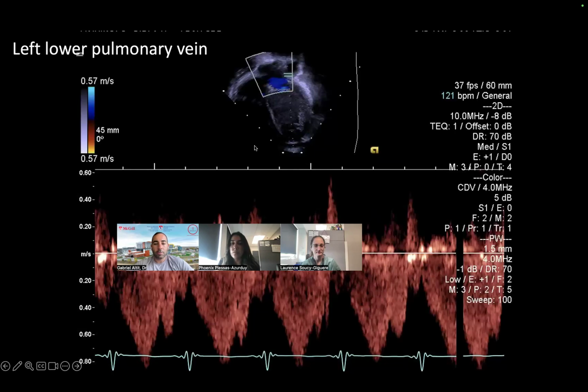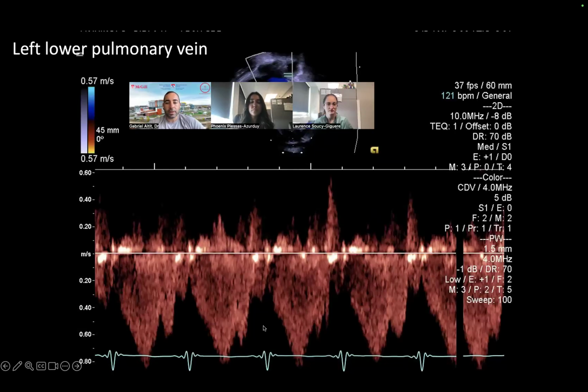These pulmonary veins have multiple phases through the cardiac cycle. You typically have an initial systolic phase and then a diastolic phase. Why systolic and diastolic? Because you have the QRS here. So this is during ventricular systole, and eventually you get a little wave during ventricular diastole. And then you get that little phase called the atrial contraction phase.